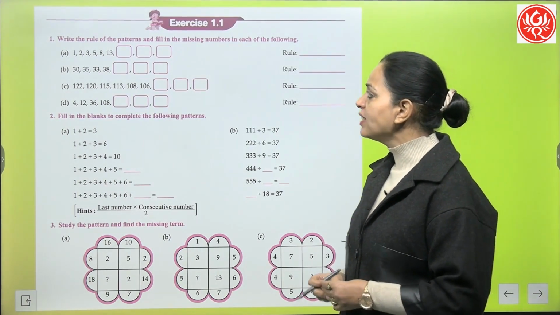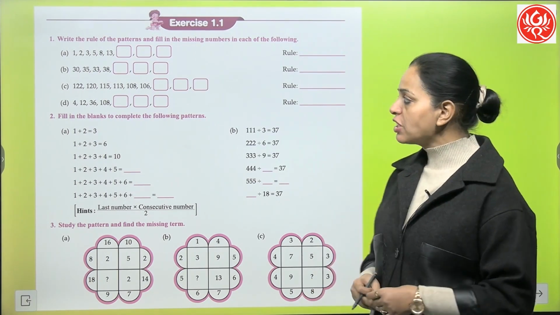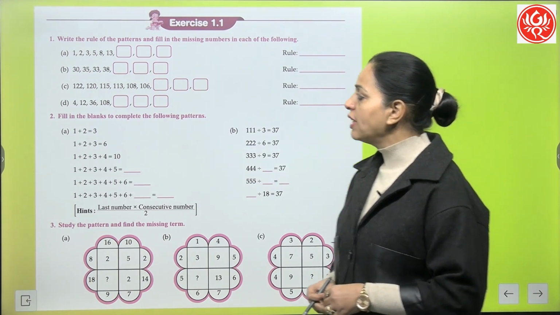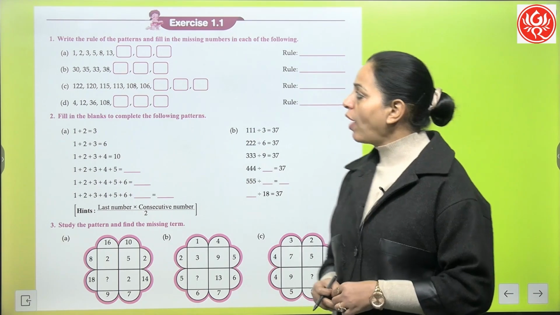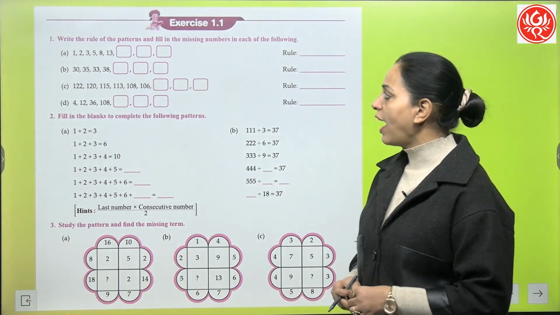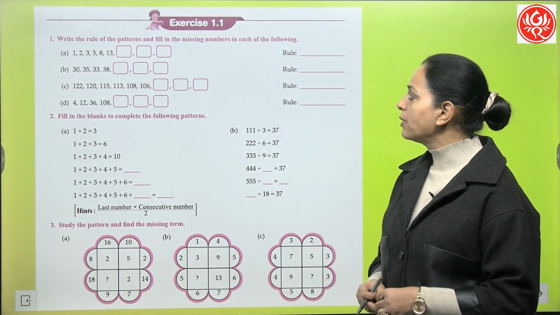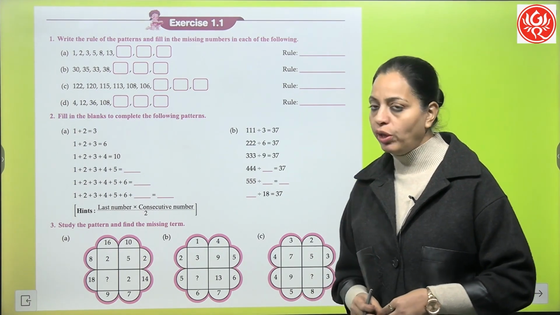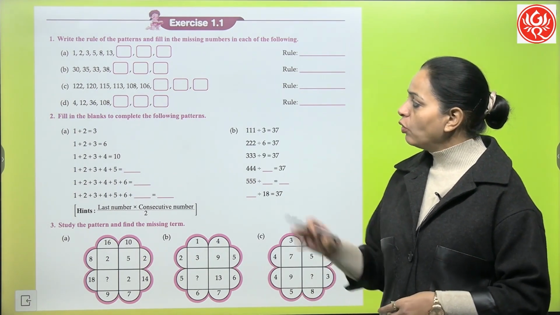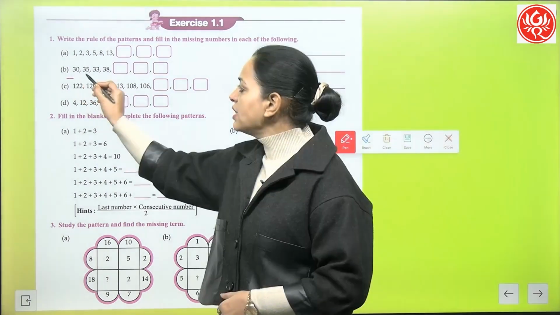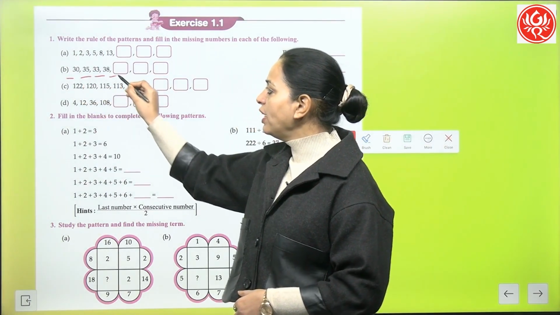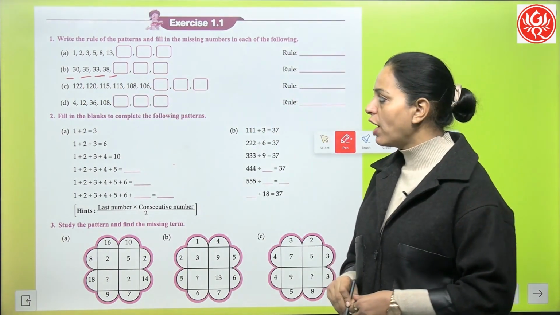Now exercise 1.1, based on such types of examples. Question number 1: write the rule of the patterns and fill in the missing numbers in each of the following. So here you can see B part: 30, 35, 33, 38. So what are we doing?